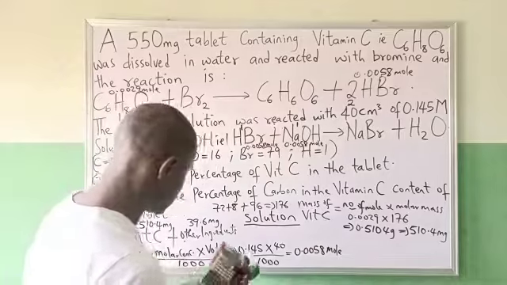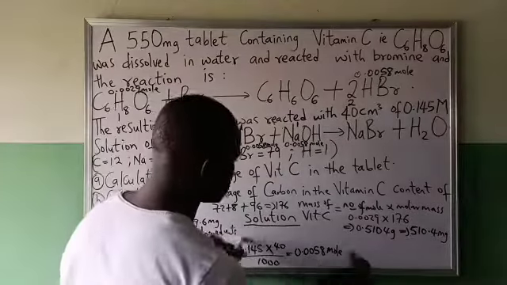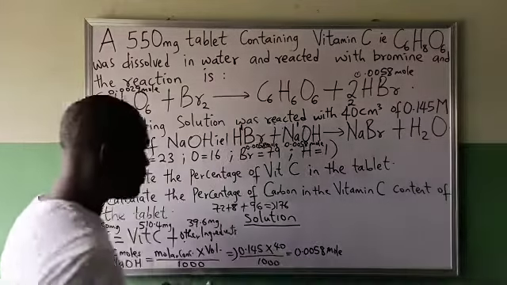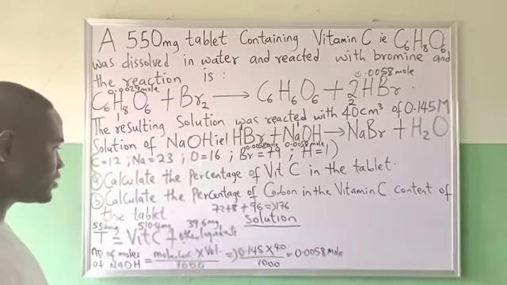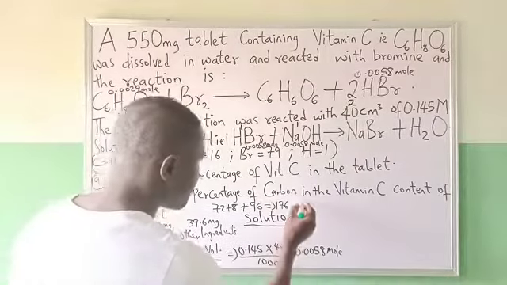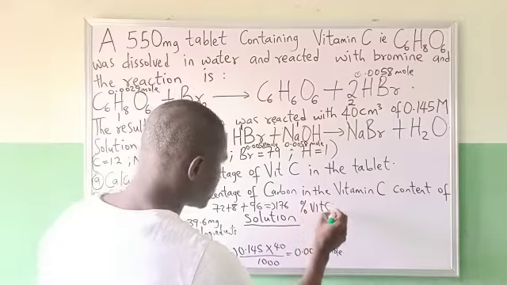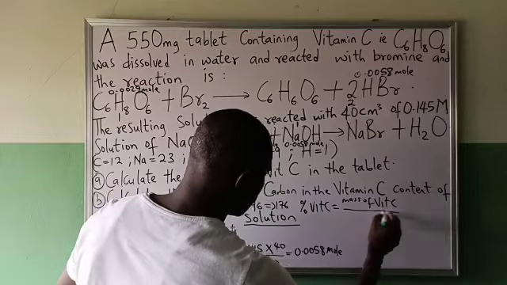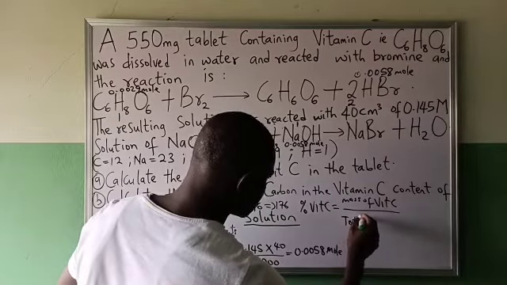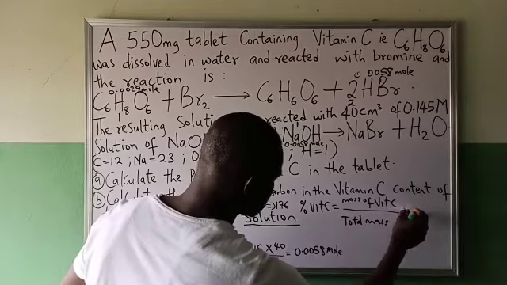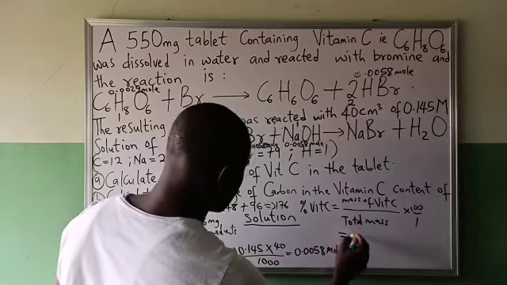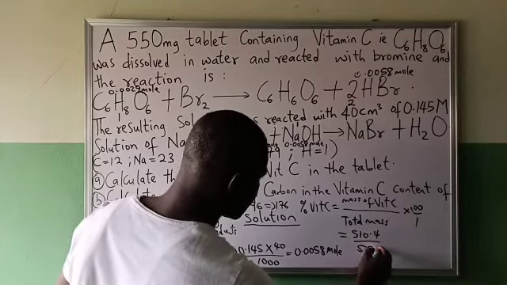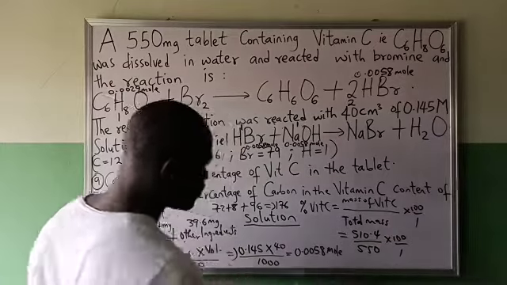Now, percentage of vitamin C is equal to mass of vitamin C all over total mass times 100/1. What is the mass of vitamin C? 510.4. What is the total mass? 550 times 100/1.